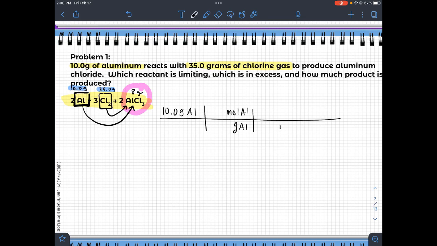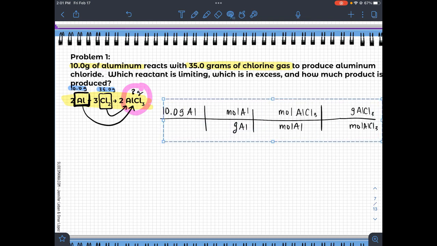Then that comes down diagonal, moles of aluminum. And I convert to my other chemical that I'm eventually solving for, moles of AlCl3. And finally, I bring that down diagonal, moles of AlCl3, and I'm going to grams of AlCl3. I'm going to move this a little bit so I have room to write my answer when it's ready.